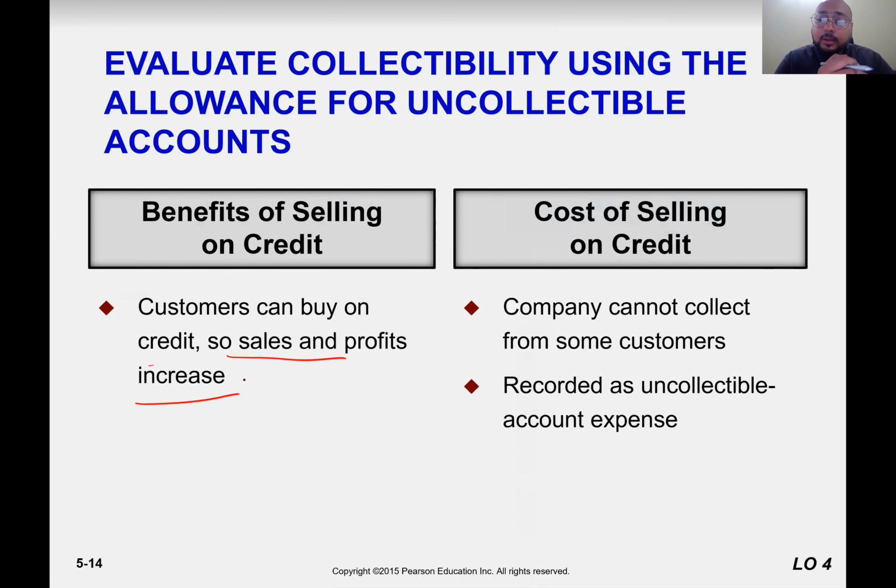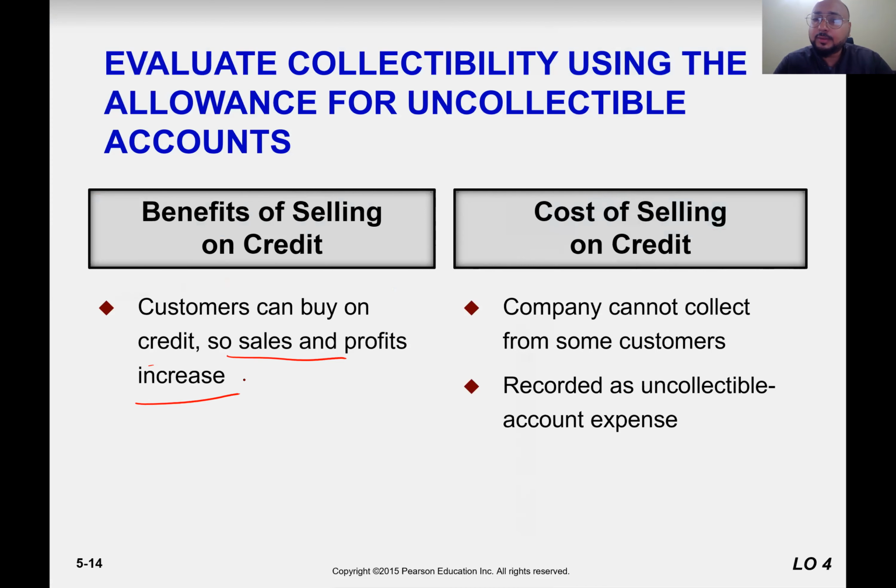So they take that risk to sell on credit. In that case, you expand your sales, your profit, your market share as well, and you remain competitive. A company that offers credit to its customers, of course, customers will go to that company. So that company is also capturing market share.